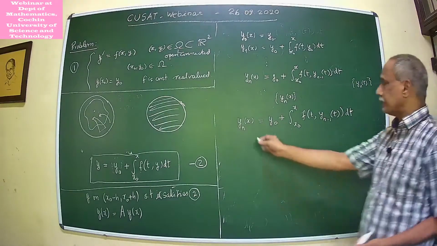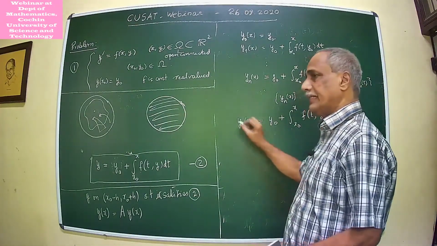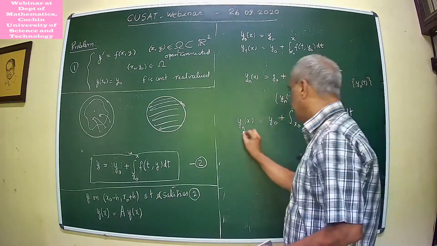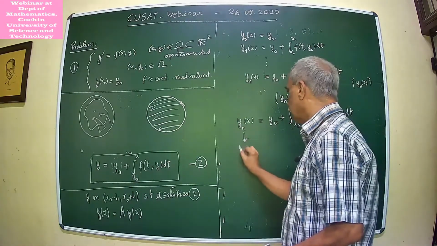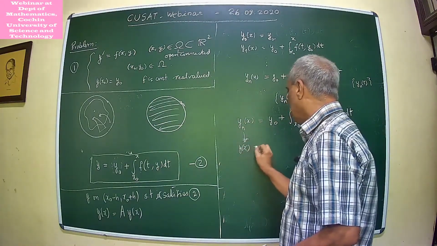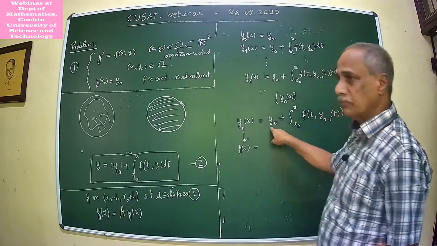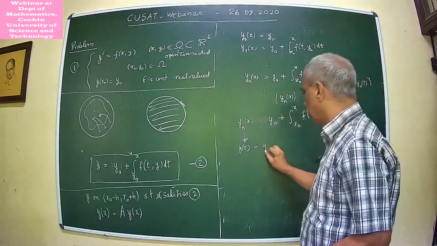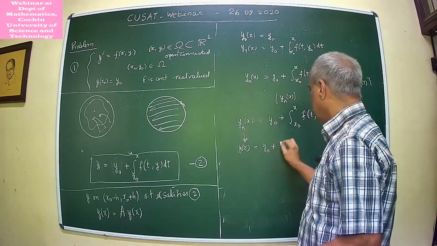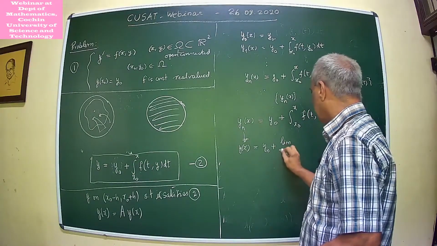What you do is you let n tend to infinity. Then this converges to some y(x). Now nothing happens with n tending to infinity here, so you get y_0 itself. Then you have the following thing.